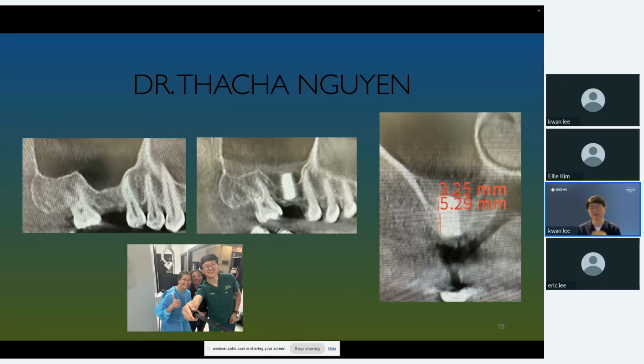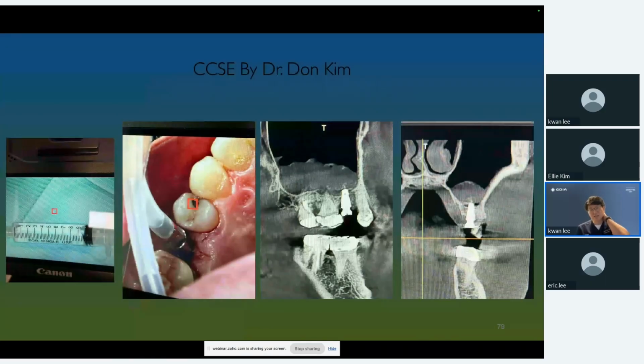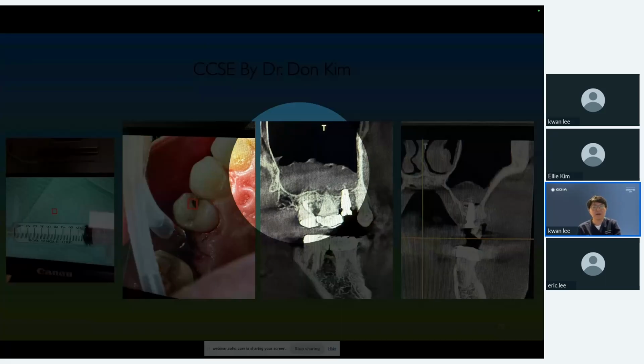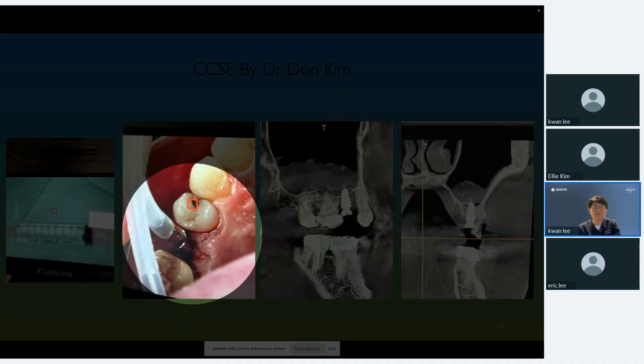Another case is from Dr. Don Kim, who also attended my course. He said, hey docs, look at my case. I love those kinds of case feedback, where they take a picture and just send it. Same thing, he used a minimally invasive approach, with just the necessary crestal incisions.